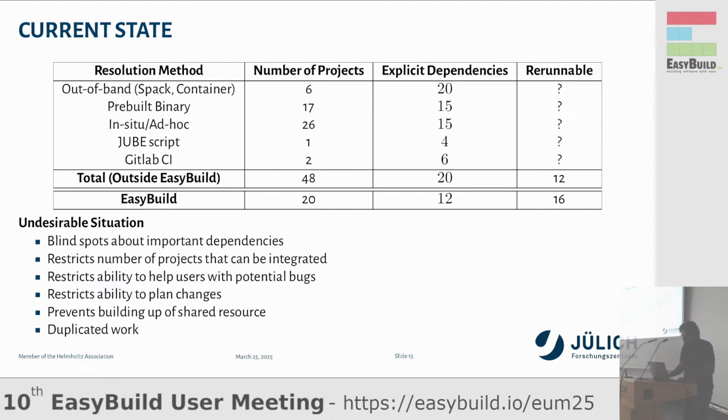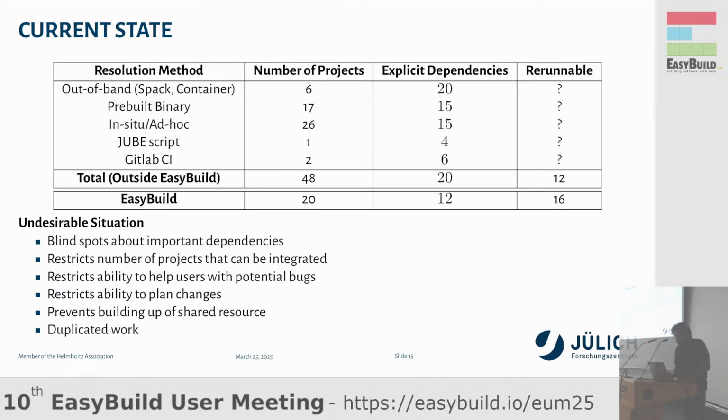Some of them were using pre-built binaries, some of them were using in situ or ad hoc compilation, which means they were using bash scripts to compile the dependencies, or using FetchContent in CMake and stuff like this. Some of them were compiling their dependencies inside the JUBE script, which I would also call ad hoc, but at least it's auditable in some way. And others were doing GitLab CI based builds, so they were creating different jobs in their GitLab CI to build, and then they were using that as artifacts to run it.